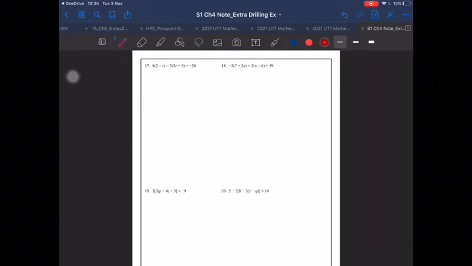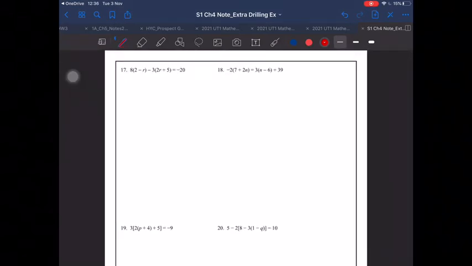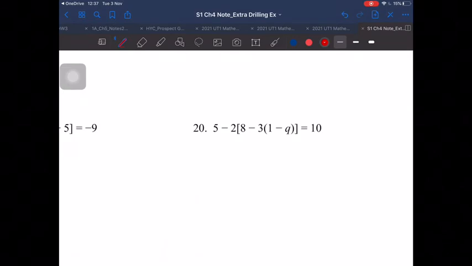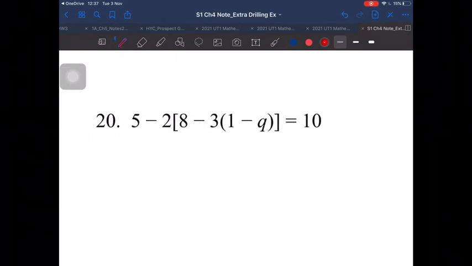Okay, so then I would like to talk about the last question here, question number 20. For question number 20, you will find there is a box bracket and round brackets, right? So that means the first step is we have to deal with the numbers inside the brackets.